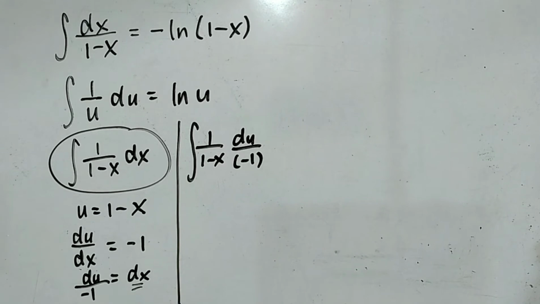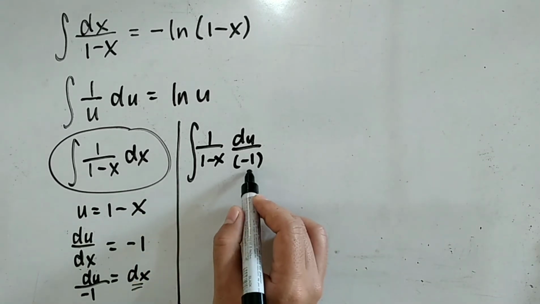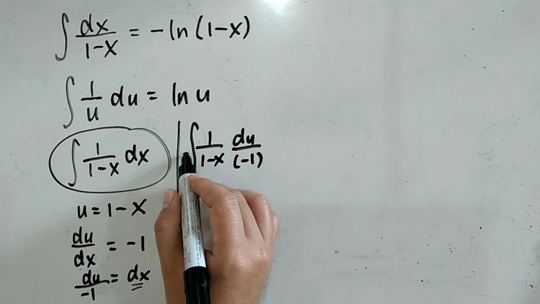And the constant multiple rule for integration states that if you have a constant inside the integrand, you can simply take that constant outside of your integrand.